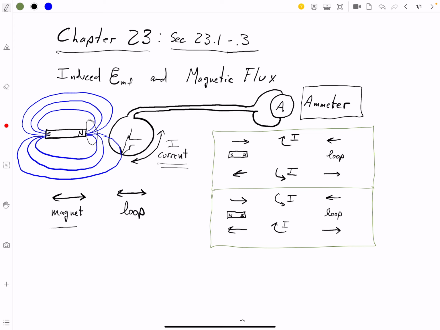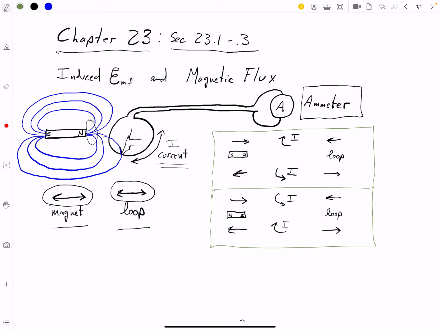We're going to move the magnet forward into and out of the loop. There's our loop. Now we can do it two ways. We can either move the loop over the magnet, or we can insert the magnet into the loop. So there's two ways to do this.